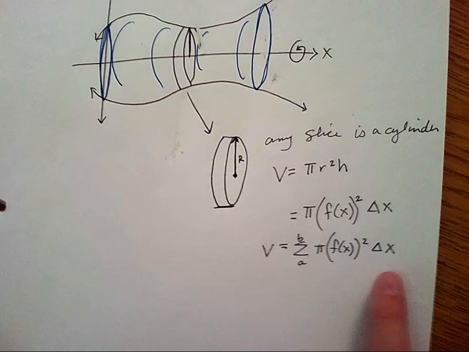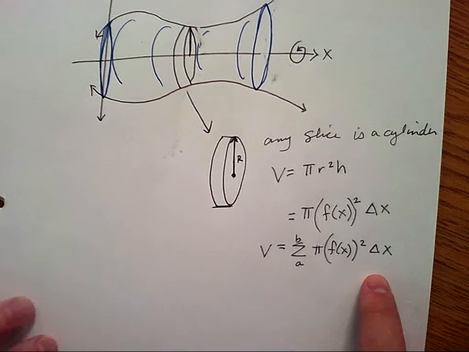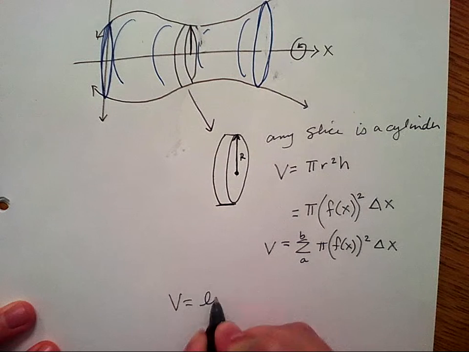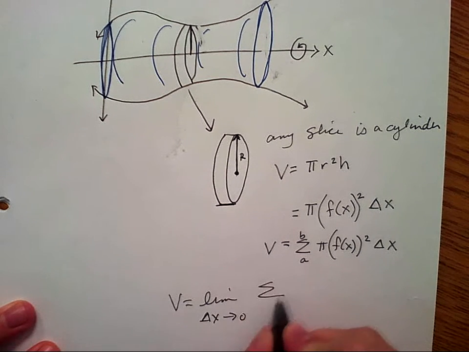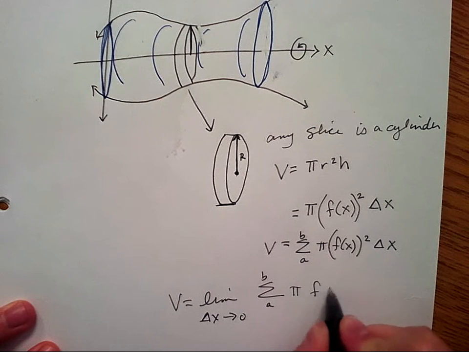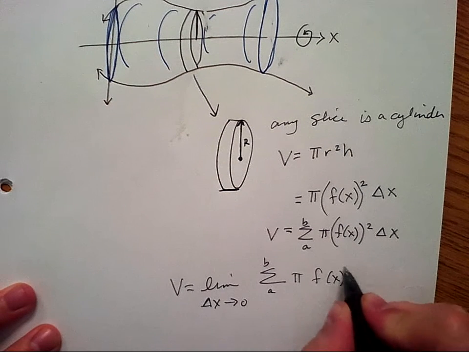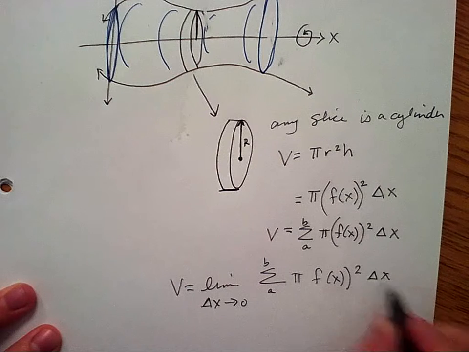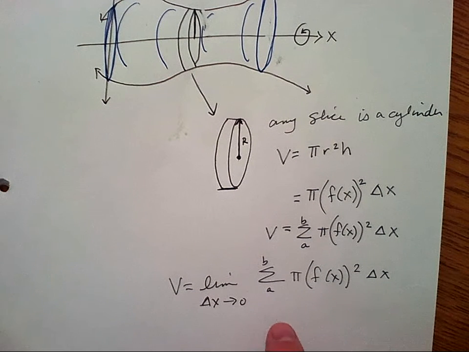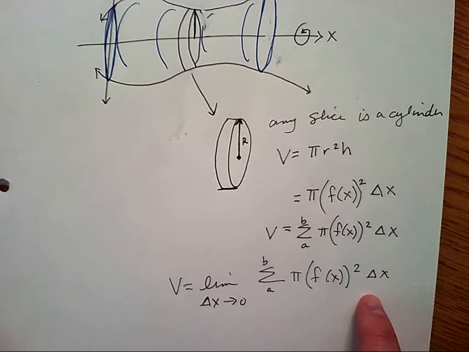The smaller the delta x, right? Okay. So let's do that. So the volume equals the limit as delta x goes to 0 of the summation from a to b of pi times f of x squared delta x. But when we did the definition of integral that we all remember, the limit of the sum went to the integral and delta x goes to dx.